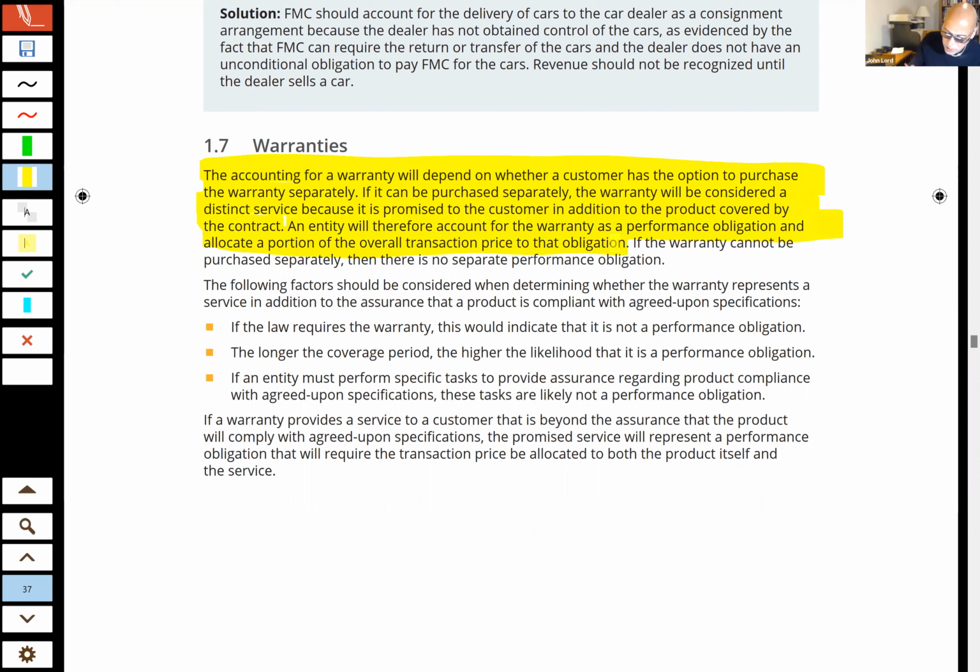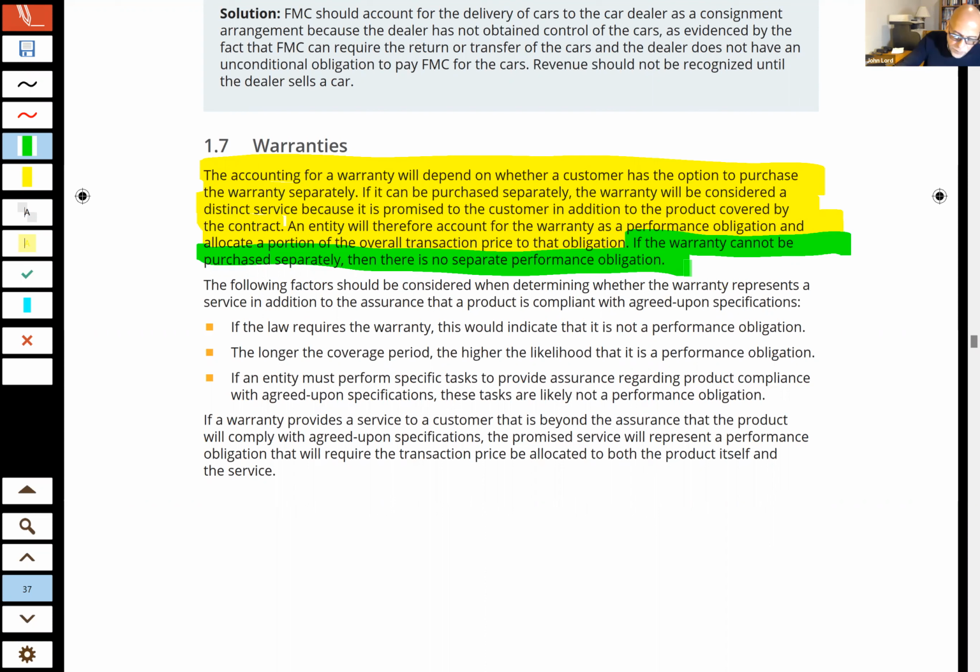If the warranty cannot be purchased separately, then there is no separate performance obligation. You buy the computer, they can charge you that for the computer. You're going to get that 1-year warranty. You're not going to say, don't give me the warranty and discount the price. It comes with the manufacturer, and they're going to automatically roll that into the overall price.